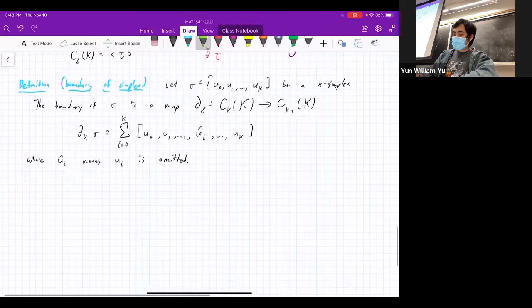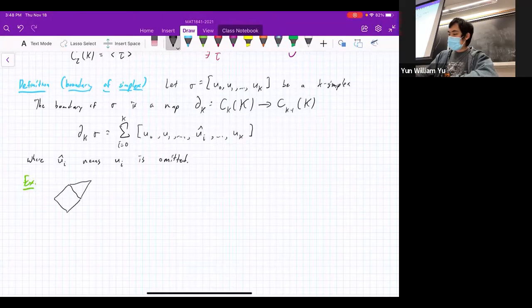And let's give a concrete example of that. So if we go back to our favorite simplex here, A, B, C, D, E, F, and let's say tau is over in here. Well, then the boundary of tau, what's the boundary of tau?